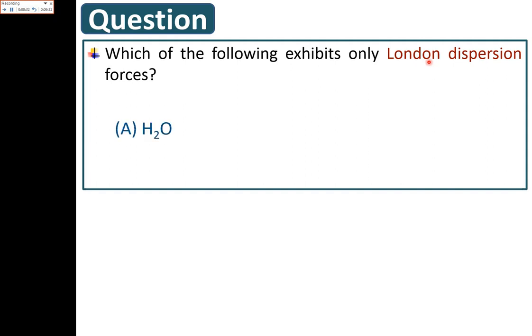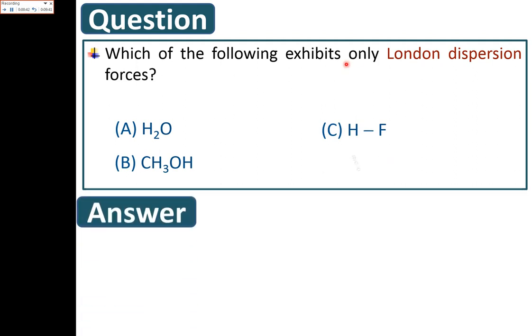So if we are asked to select between water, methanol, hydrogen fluoride and chlorine, the answer will definitely be chlorine, because chlorine is the only molecule that has no dipole moment. So the only type of force existing in chlorine is the London dispersion force.